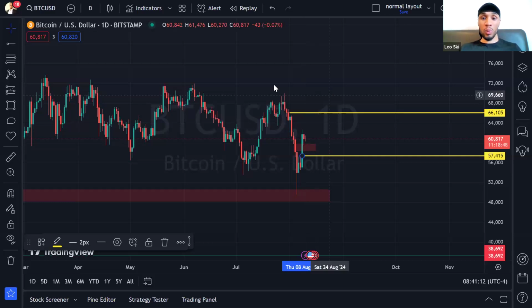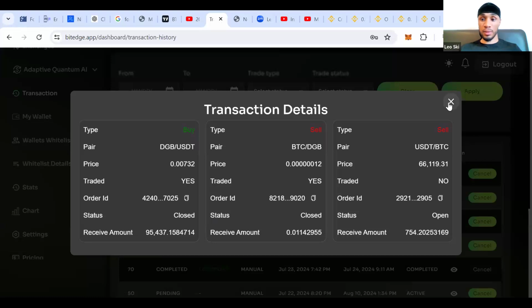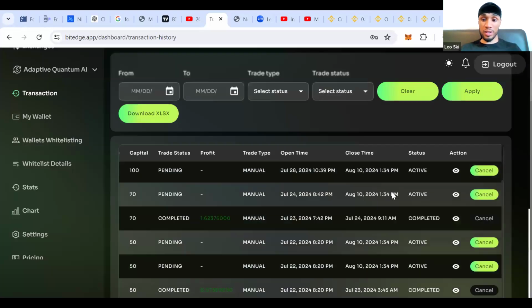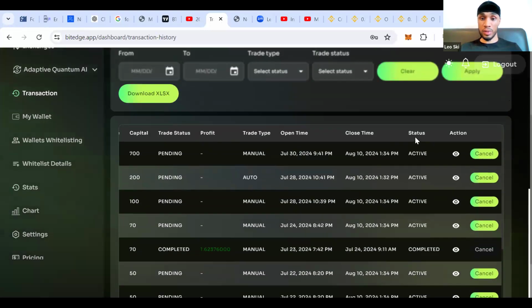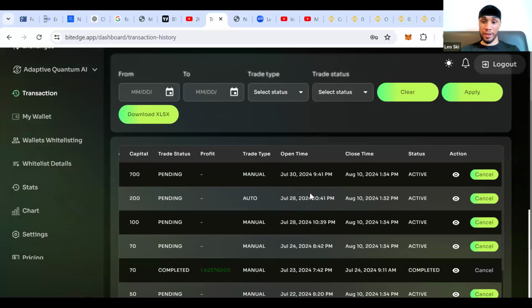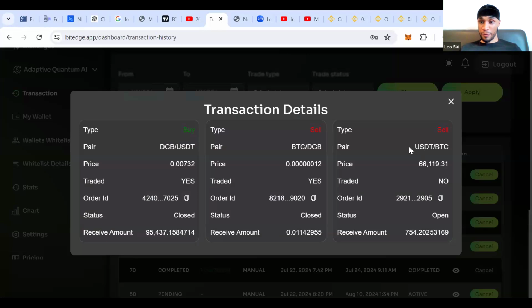Very simple. You go into your Bitedge and you can click on cancel. Let's say as an example, this order's pending, and I can see here it's on the final section, which is converting it to USDT from Bitcoin.